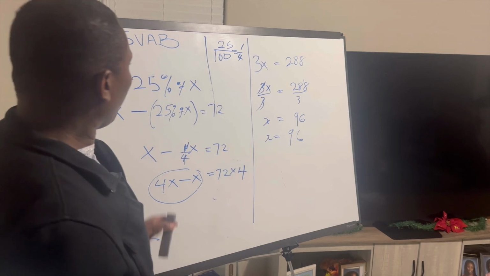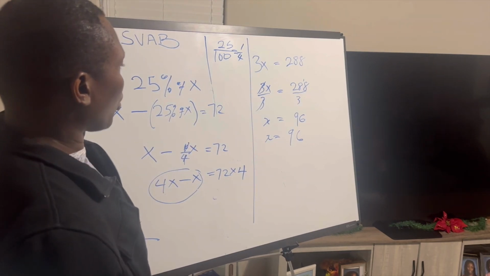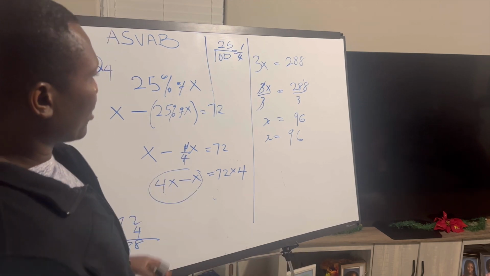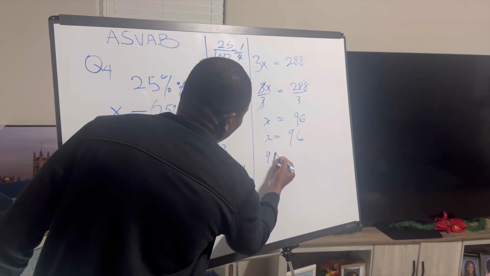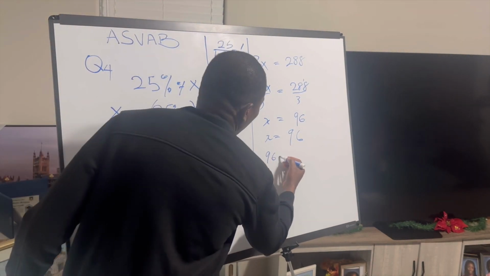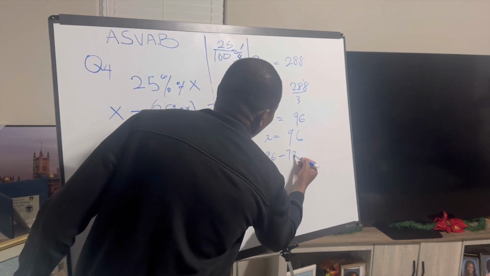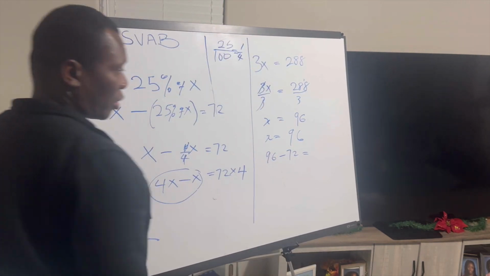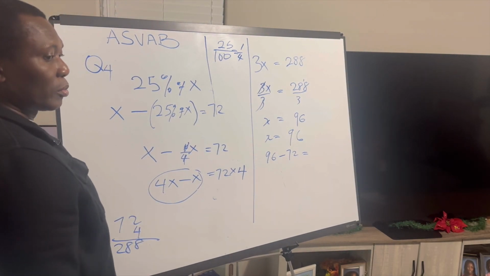That's how you do it, because 25% of x is 72. So you can also get a quarter of 96 by saying 96 minus what is left? 72. So the quarter of 96 is what?